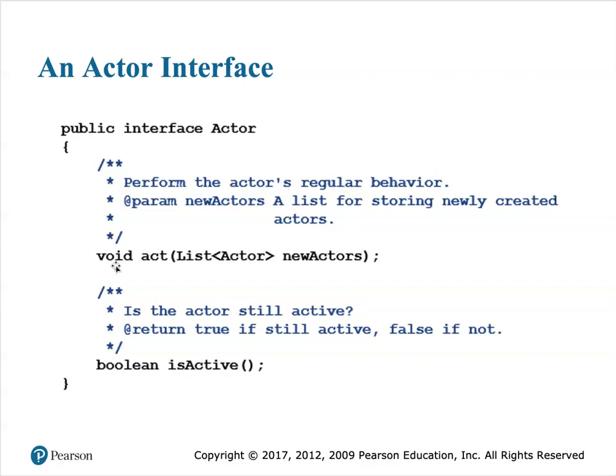So, for instance, if the actor interface says that there has to be an act method and a method which returns a Boolean for whether this object is active in the simulation, that means that any class that implements actor will have an act method which returns void and will have an isActive method which returns Boolean.